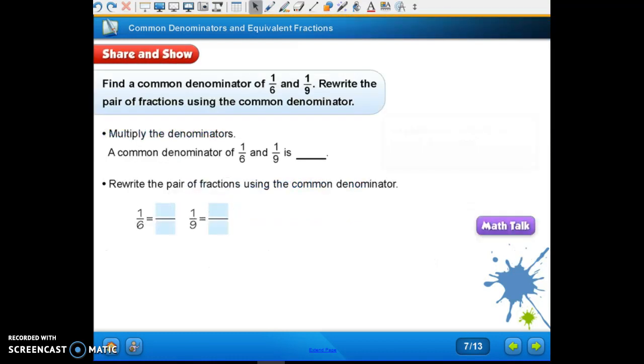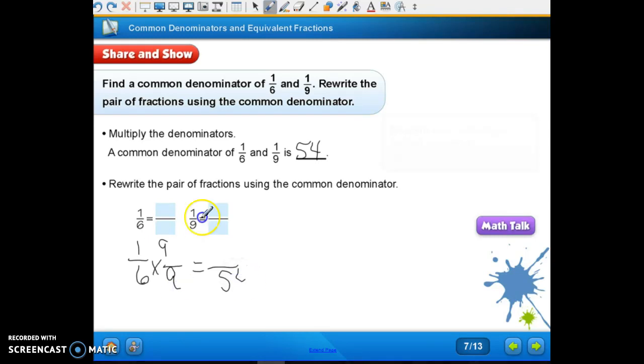So they're going to go back to that strategy where we just multiply 3 times 4 to get 12. Because this says multiply the denominator. So 6 times 9. What is 6 times 9? 54. So that's what they want us to use for our denominator. It's not the least common denominator by any means. So if I have 1/6 and I want that to equal 54, what do I have to multiply it by? 9, right?